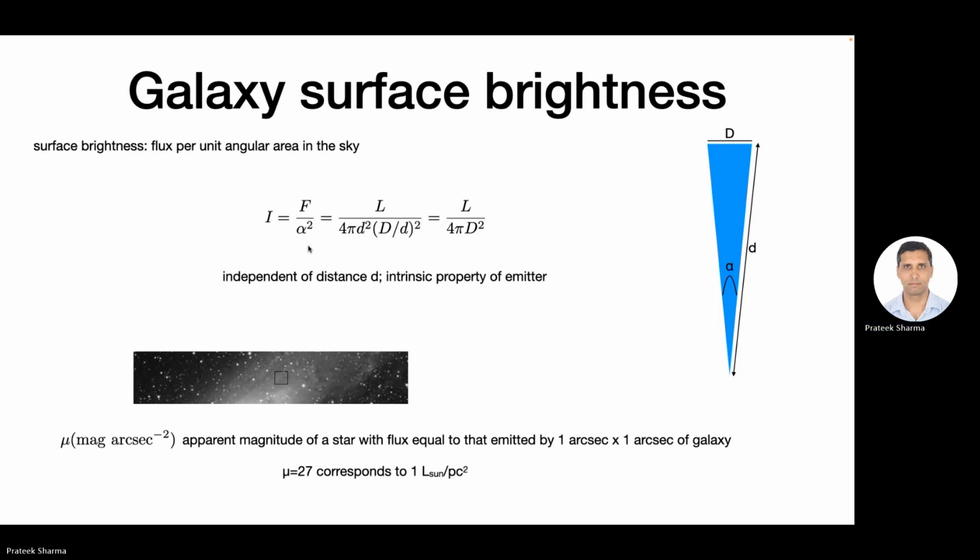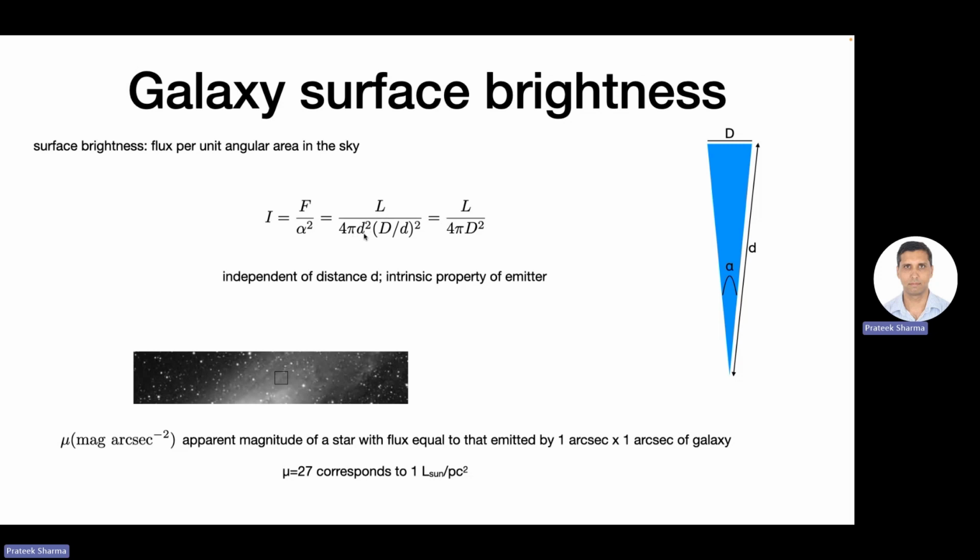Okay. Is this the same as central brightness? Yes, exactly. This is the same as the central brightness that I mentioned. If this depended on the distance, then I would have had to tell you that this is at this distance. This is independent of distance, as long as we are talking about things which are not at redshift of order 1 or higher. When you go to very far distances, the expression for flux is not just L by 4 pi d squared.